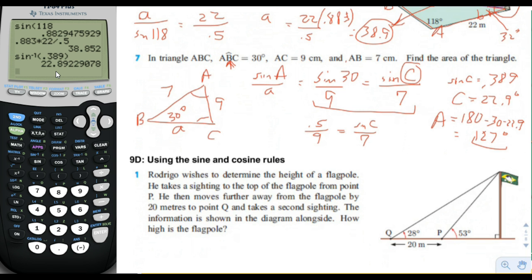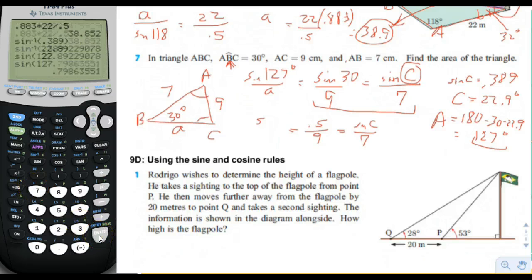So now we can substitute that back in here. Instead of sine A, we're going to put sine of 127 degrees. And let's just figure out what sine of 127 is here. It's 0.799.